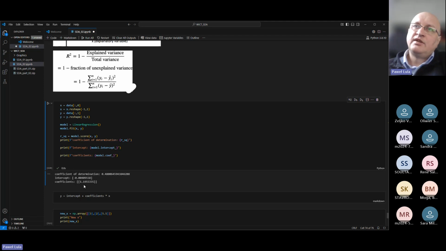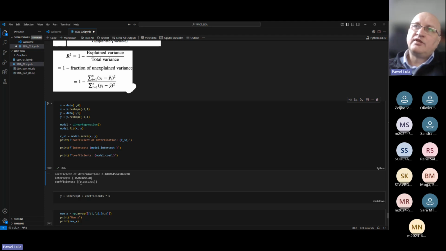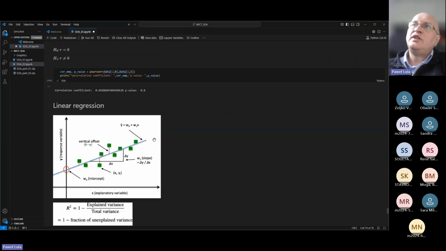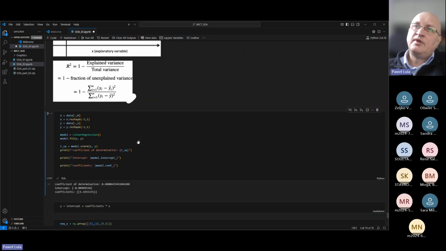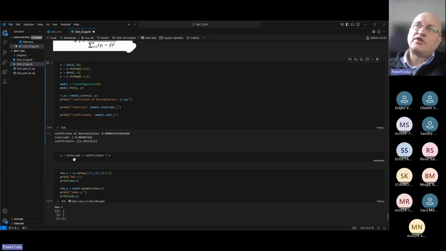Intercept is here, coefficient W1 is here. Then we see an equation describing this line in this form: y is equal to W0 plus W1 multiplied by x. It is a general form.